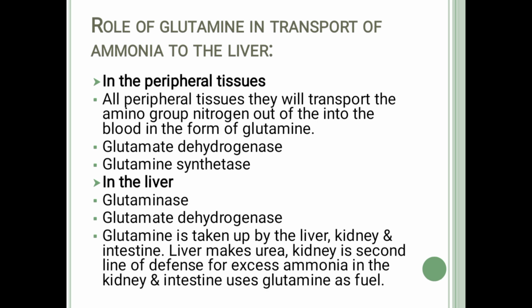In the liver, glutaminase and glutamate dehydrogenase act. Glutamine is taken up by the liver, kidney, and intestine. The liver makes urea. The kidney is the second line of defense for excess ammonia, and the intestine uses glutamine as fuel.